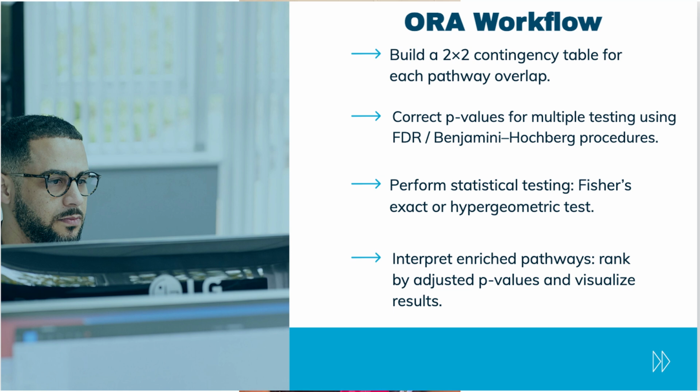And then next would be the application of multiple correction methods such as Bonferroni or the Benjamini-Hochberg, or any other correction method that you can use. And then we'll move on to performing the statistical test like the Fisher's exact test or the hypergeometric test. And then the last step would be to interpret whichever results that we have.